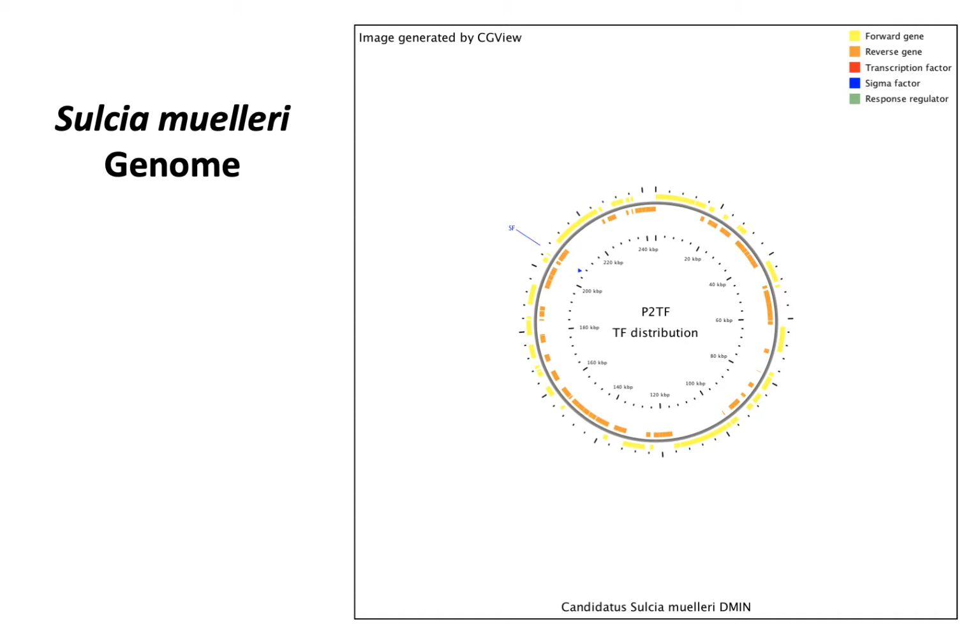Also note that the genes are very compacted and concentrated. Genes on one strand are in yellow and on the other strand are in orange, and almost exclusively, if you have a gene encoded on one strand, then you don't have genes encoded on the other strand. They're pretty much mutually exclusive.